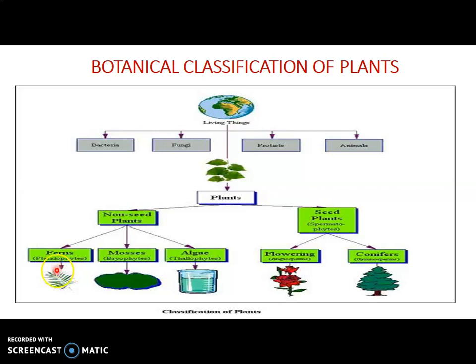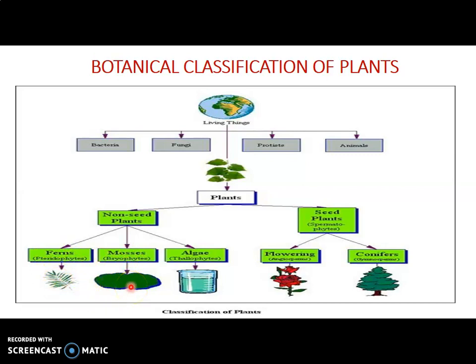So it has vascular bundles, so it's a vascular plant, and it also reproduces by means of spores as opposed to seed. The spores represent the seed that they would have used for reproduction. But this one is a vascular plant, while the moss is not a vascular plant.